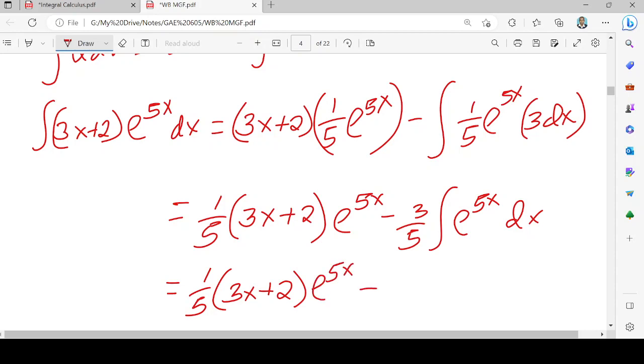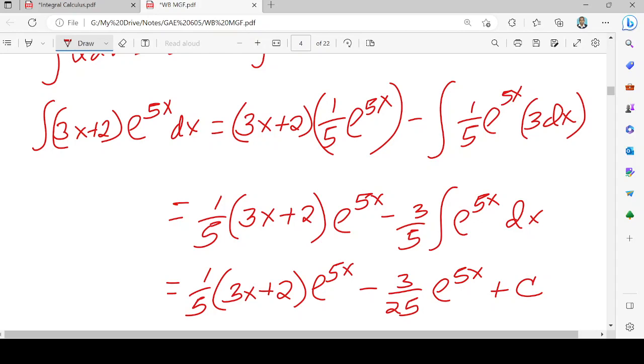Then integration here will give us 3 over 25 e raised to power 5x. Then at this point we add the arbitrary constant of integration.